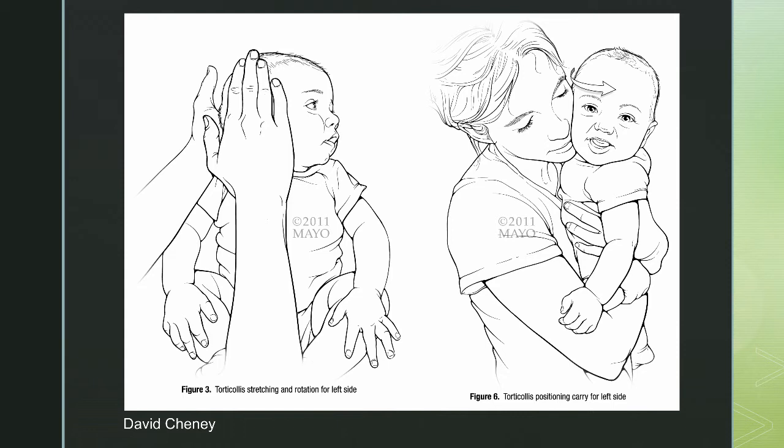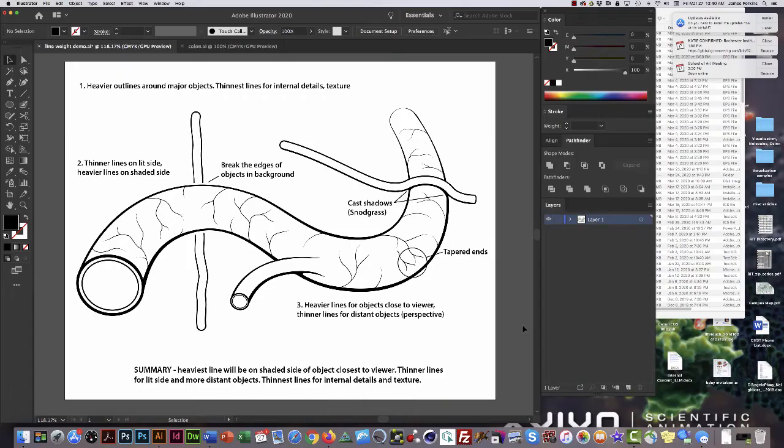And I'm not sure if anybody's been able to research this and find out if he was really the first person to do this, but he was known for using these little filled-in solid black areas to imply little cast shadows where different objects were touching one another or overlapping one another. And so scientific illustrators to this day refer to these little black areas as snodgrasses. And I'll show you that in more detail shortly.